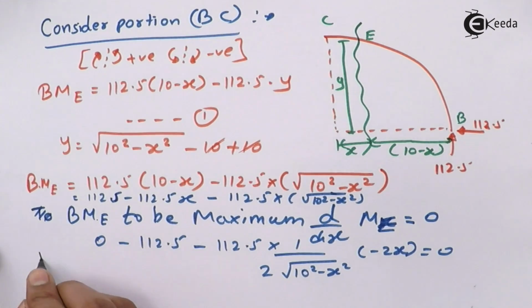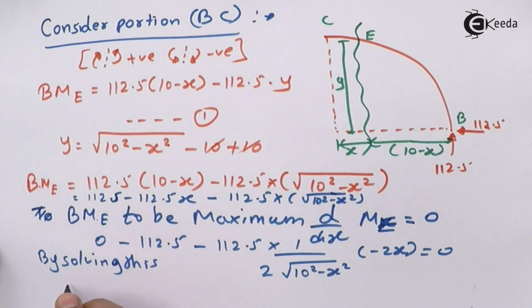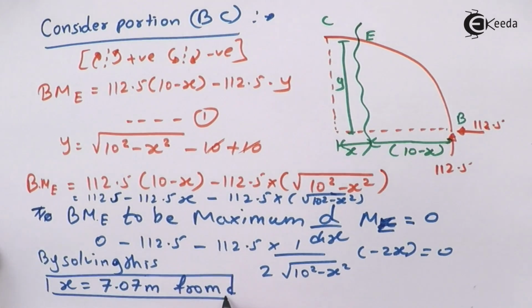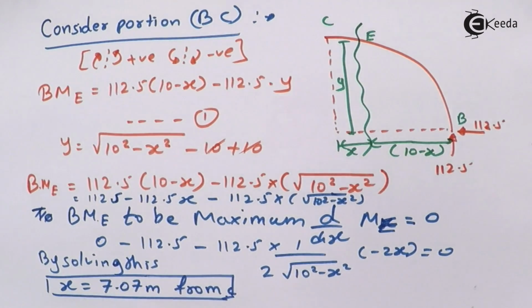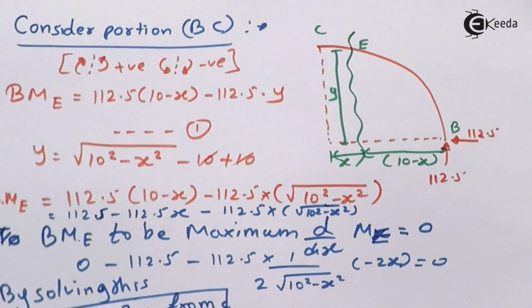While solving this, you get the value of x as 7.07 meter from C. We have got the value from C.